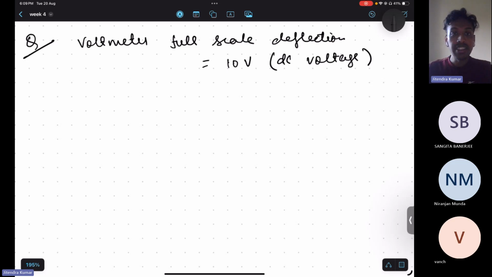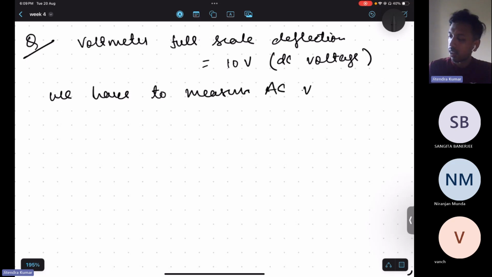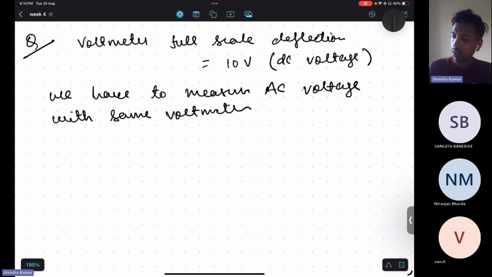Now, while measuring an AC voltage with this same voltmeter, we have to measure the AC voltage. It shows 40% deflection.